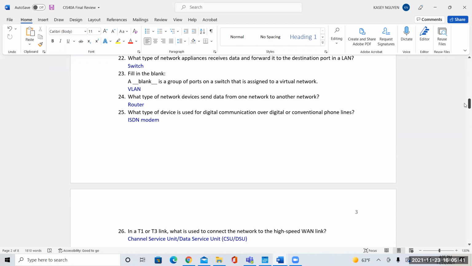But the difference in the CSU and DSU compared to a modem is that the CSU DSU operates with channel configuration, okay, versus a modem that just modulates and passes through.